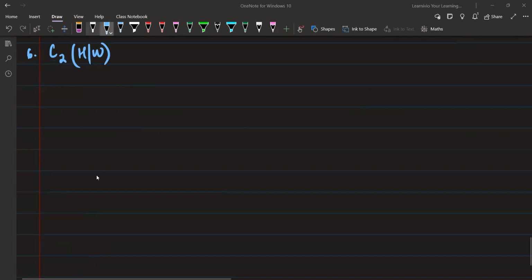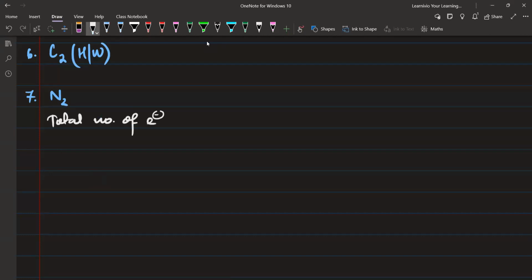After that, seventh one, N2. N2 molecule. See, total number of electrons.